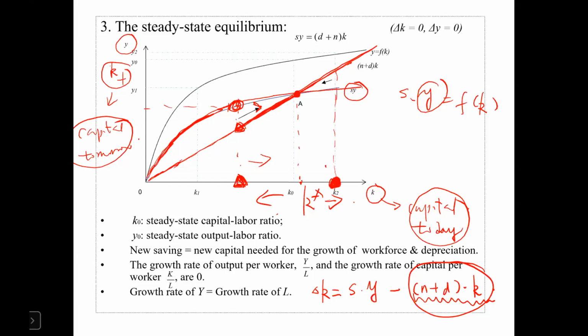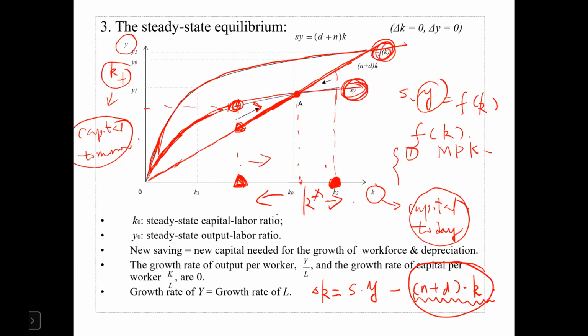This has lots to do with the production function. Here there are 2 things I want to emphasize. This presumably you should have studied in your intermediate micro class. 1, you have a decrease in marginal productivity of capital. The decrease in marginal productivity of capital says this curve is going to get flatter and flatter, because this line is s times this y.